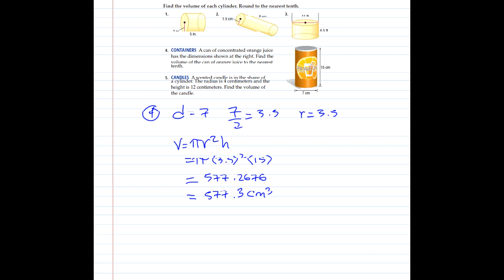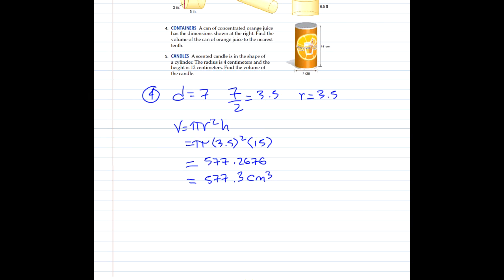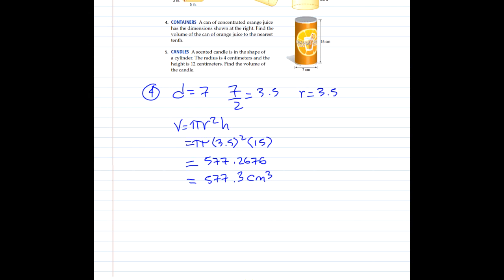Number 5. The scented candle is in the shape of a cylinder. The radius is 4 centimeters and the height is 12 centimeters. Find the volume of the candle. Volume equals pi r squared times the height. Remember, pi r squared can also be big B, area of the base. Could use this formula, big B times the height.